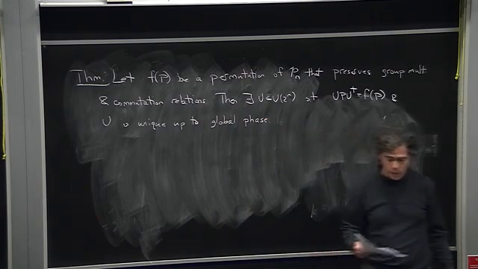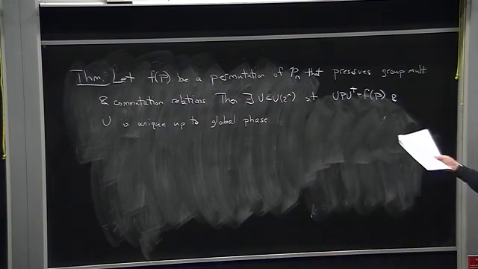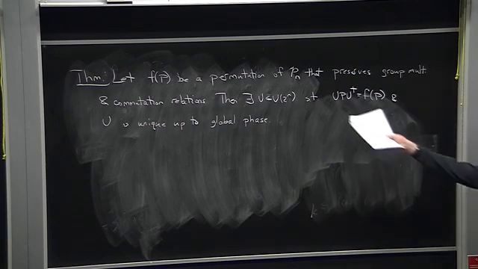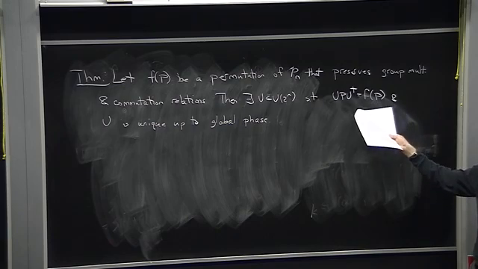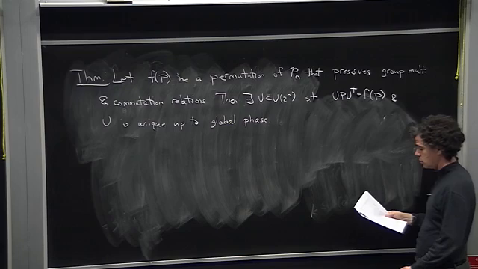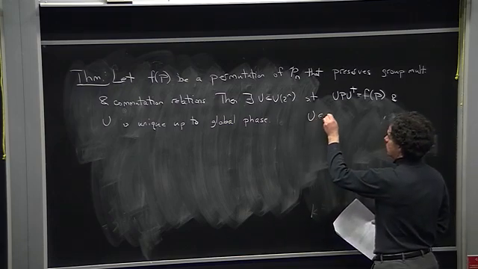I didn't write it as part of the theorem, but because U P U dagger is always a Pauli, this implies that U is in the Clifford group. I guess I can write it now.